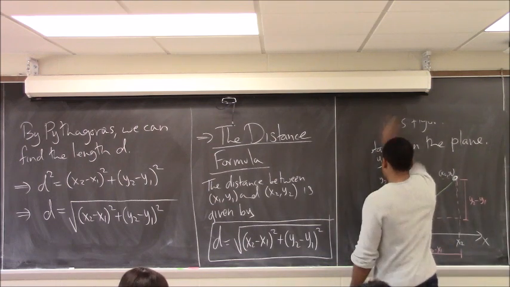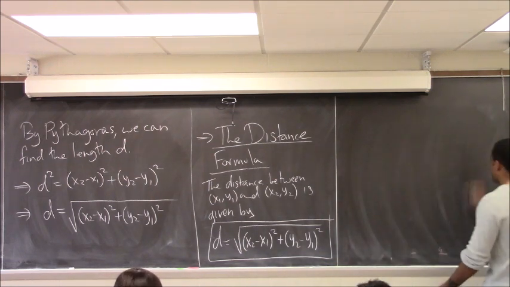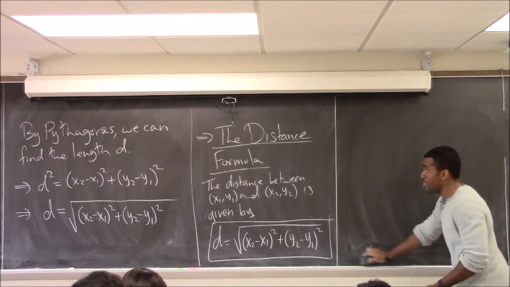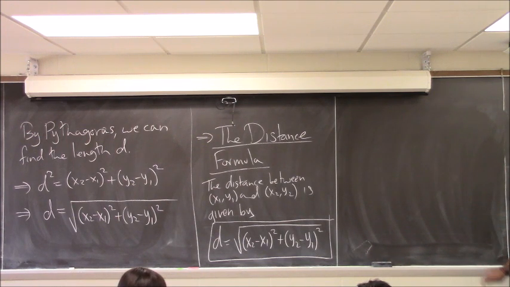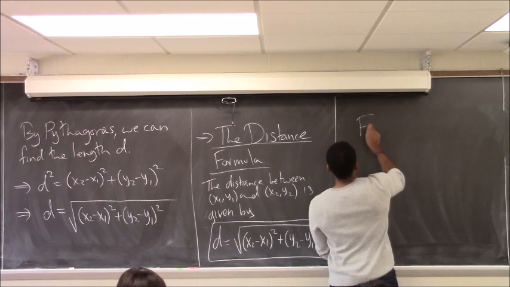Here's another thing that's going to be important for various reasons, including the next thing I'm going to talk about right after I talk about this thing, which is finding midpoints.